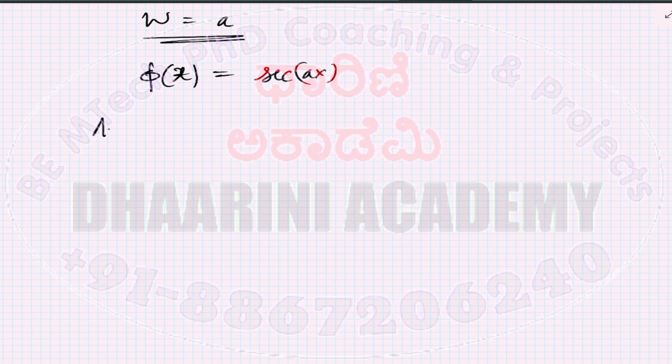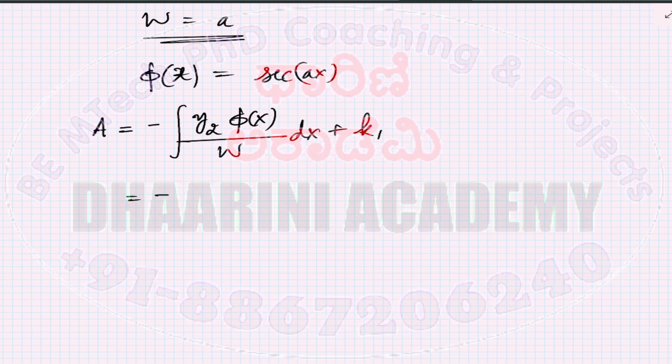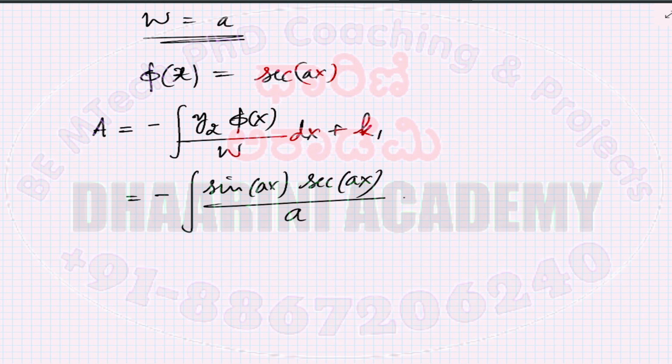If you remember, the equation of A is minus the integral of y2 into phi of x divided by W into dx plus some constant k1. So let's substitute. This is minus, I need y2, which is sine of ax, into phi of x, which is secant ax, whole divided by W, which is a, dx plus k1.